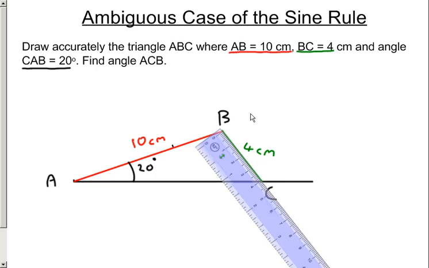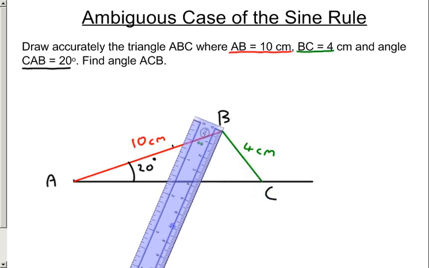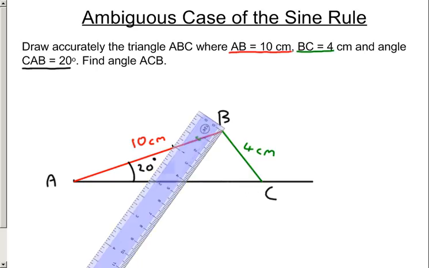But what we should note here is that that triangle has the 20-degree angle, but we could keep rotating our ruler here. And what we notice is when we get round to here, we get another point where that line is 4 centimeters, and it still fits the same description.